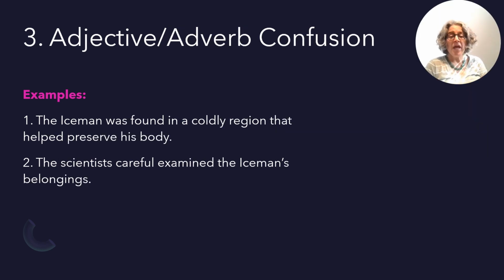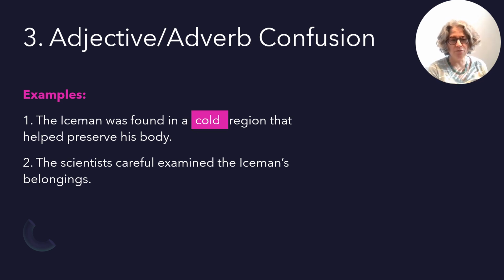Next, let's look at adjective and adverb confusions. Let's look at the first example sentence. The Iceman was found in a coldly region that helped preserve his body. Before a noun, we need an adjective, right? Not an adverb. So we need to transform this adverb into the adjective cold.